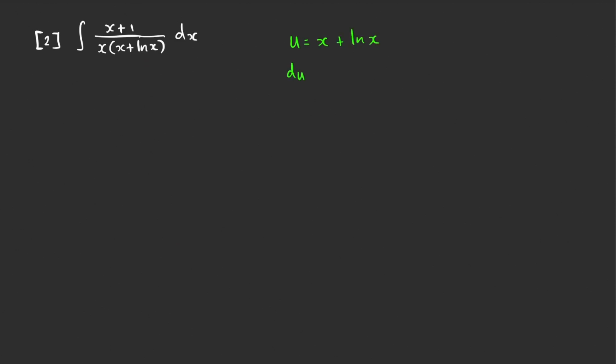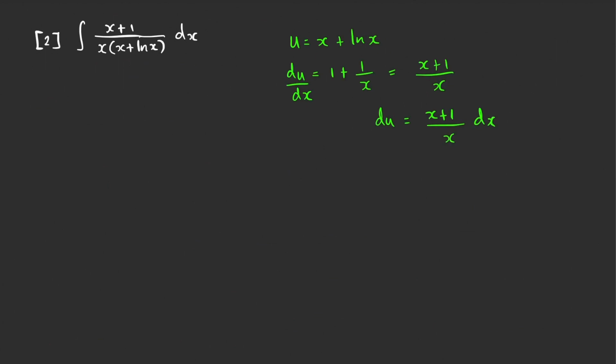then our du is just equal to 1 plus 1 over x. We can combine this into a single fraction, x plus 1 all over x, which is actually this one here. So this is the derivative of u with respect to x. Therefore, it is clear that du is equal to x plus 1 all over x dx.